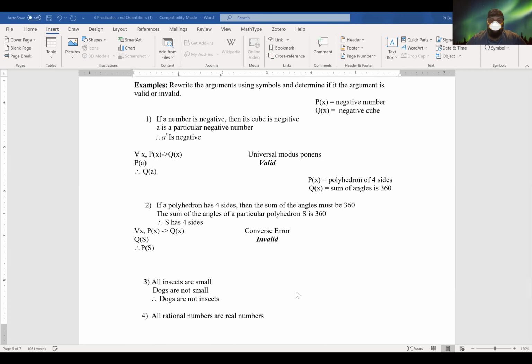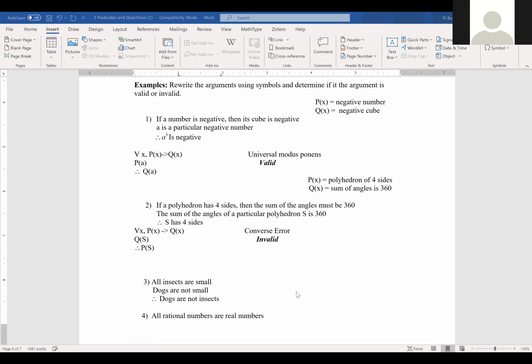So what that really means is if I pick an animal that is small, we can imply that it's an insect. Because every single insect is small.